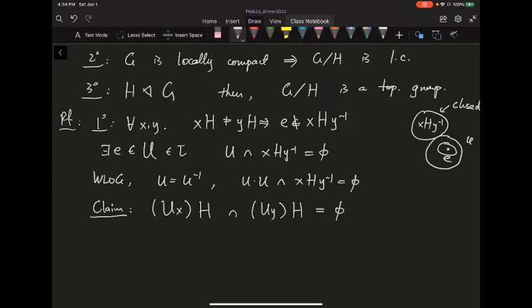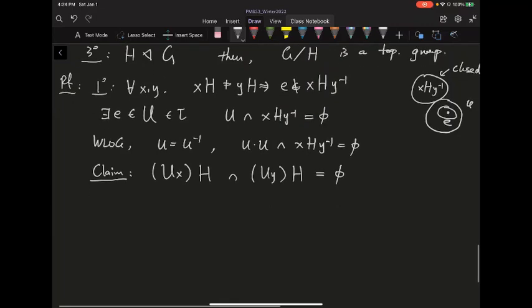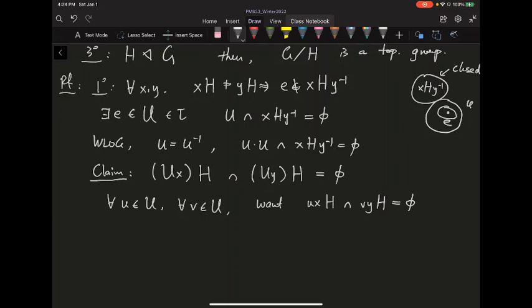Basically that gives me the separation of these two cosets. So how do we show that? Well, let's consider for every u inside U and every v inside U again. I want to show that uxH intersect vyH is empty.